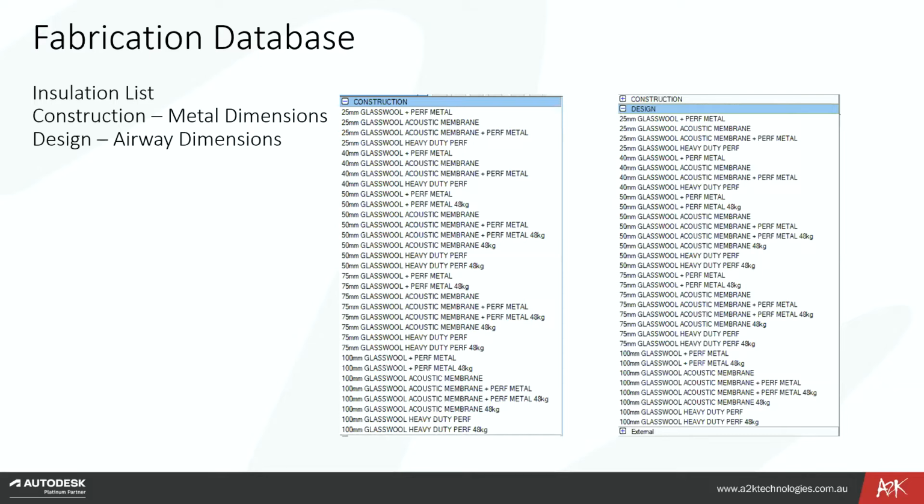I work with a lot of duct fabricators in the industry, and most of them are more concerned about the metal dimensions rather than the airway dimensions. But if there are any people out there working with designers, then they may prefer to nominate the airway side. So this will work with both design and construction. I think that concludes the slides from myself.